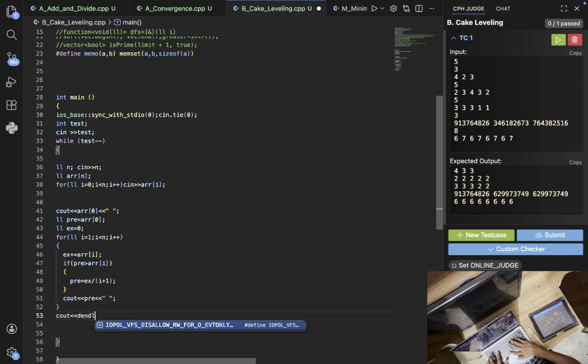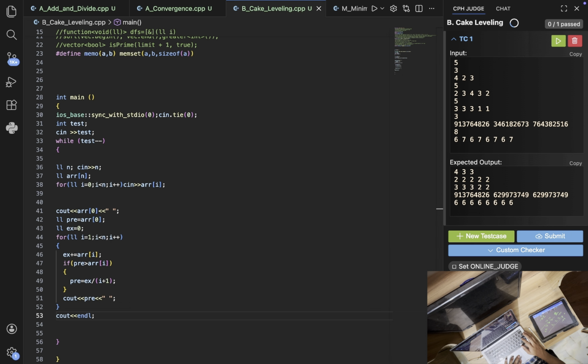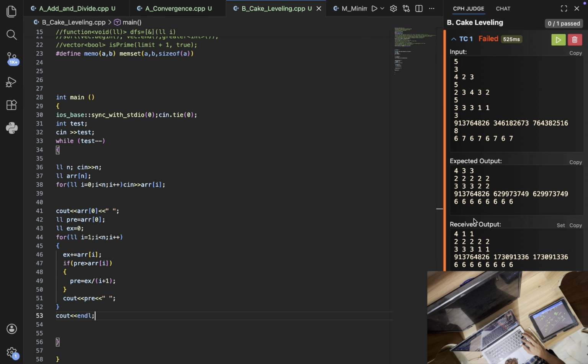Was it that simple? Okay, something is wrong. 4, 2, 3. Okay. So 6 by 2 is obviously 3, but I got 1.